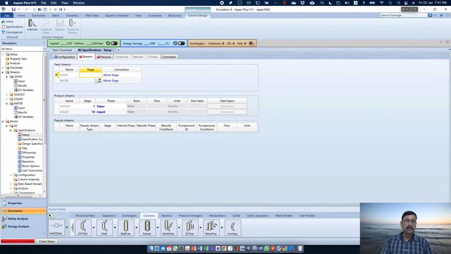Gas in, obviously it has to be sent from the bottom. So it is on 10 stage, and water has to be given from top, so above stage 1.